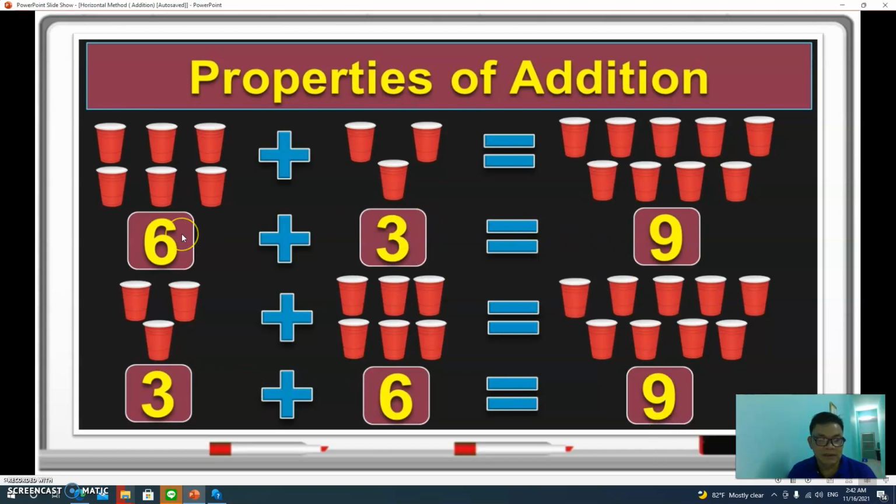This is vertical already, so we're going to study that later on. So 6 plus 3 equals 9, or 3 plus 6 equals 9.